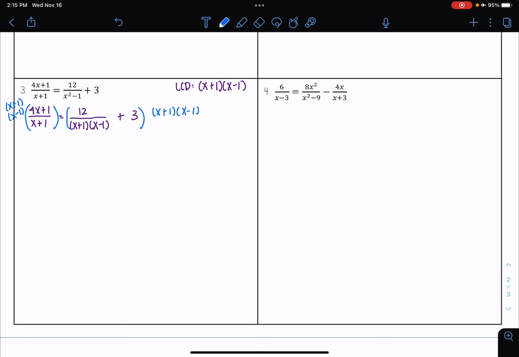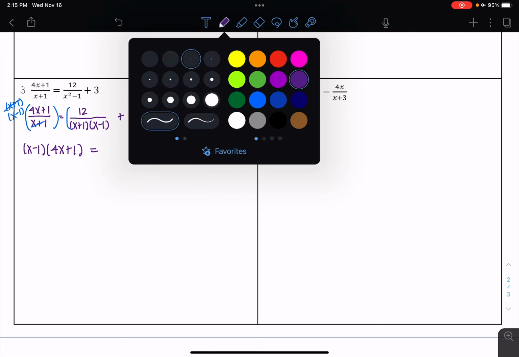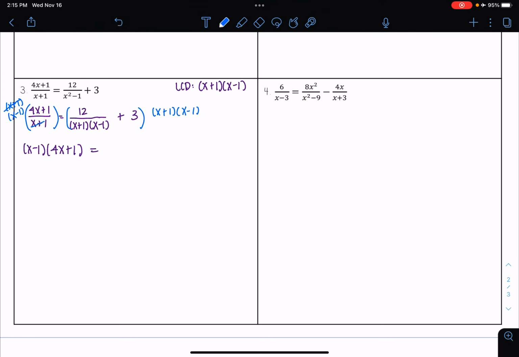So when I multiply this by that on the left-hand side, I see my x plus 1's cancel. So I am left with x minus 1 times 4x plus 1. And then on the right-hand side, I see with my 12 over x plus 1, x minus 1, that's going to cancel with my least common denominator.